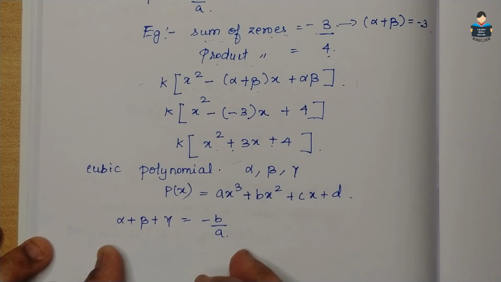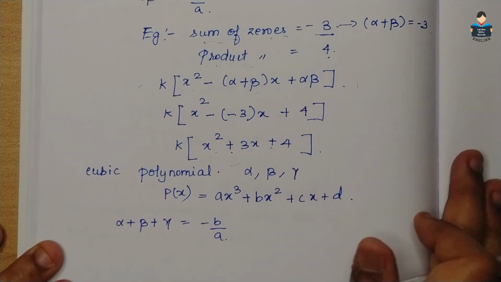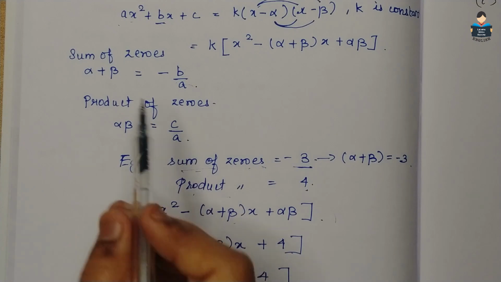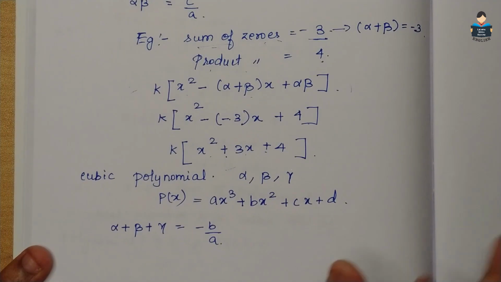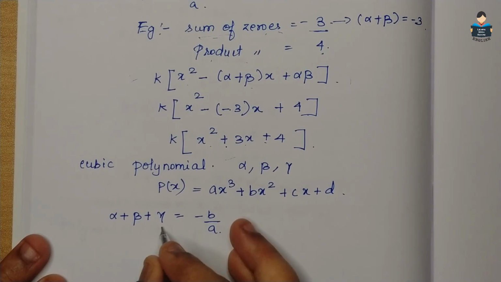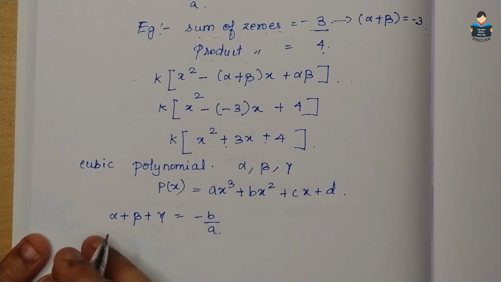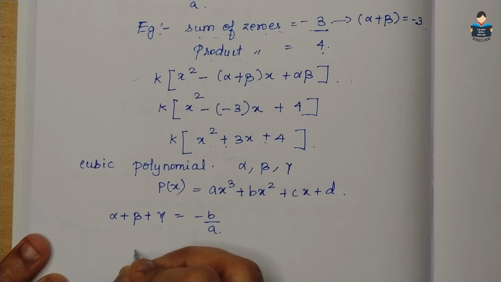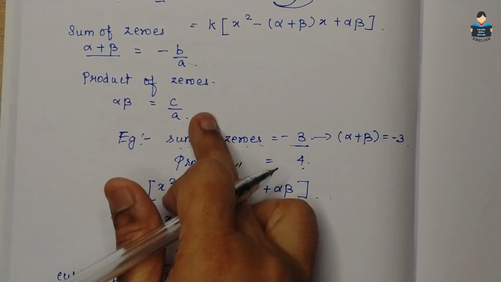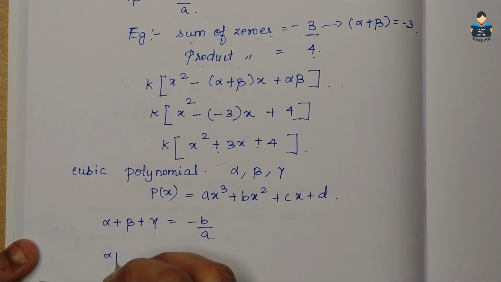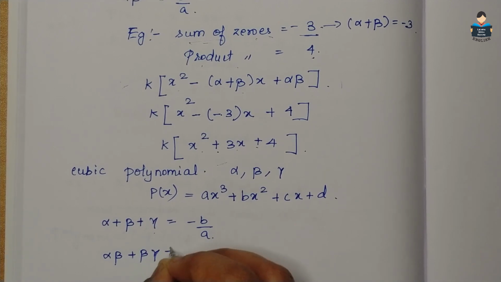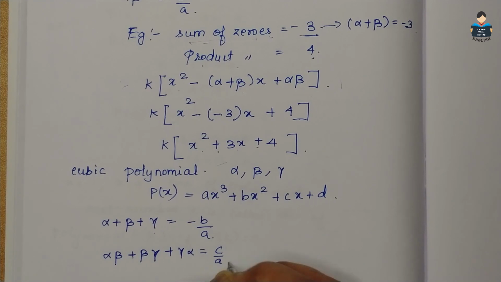This is the same as the sum of the zeros we did in the quadratic polynomial, sum of the zeros is minus b by a, and we have included the other zero gamma here. Similarly, for the next condition, alpha into beta plus beta into gamma plus gamma into alpha is equal to c by a.